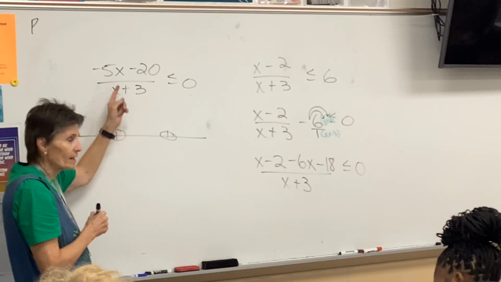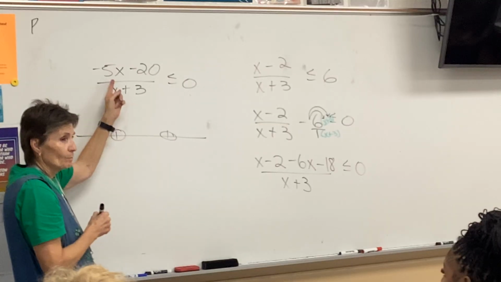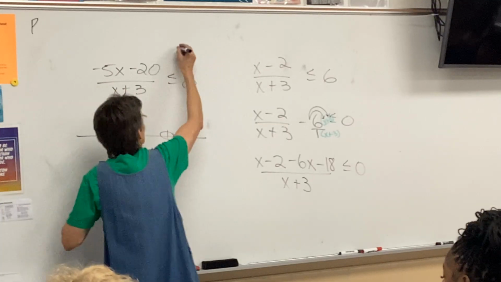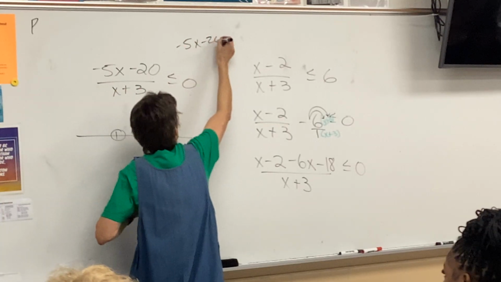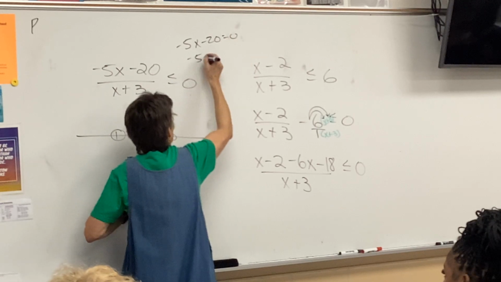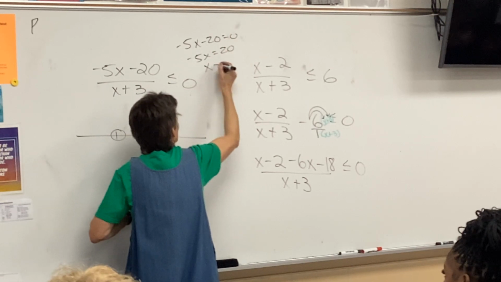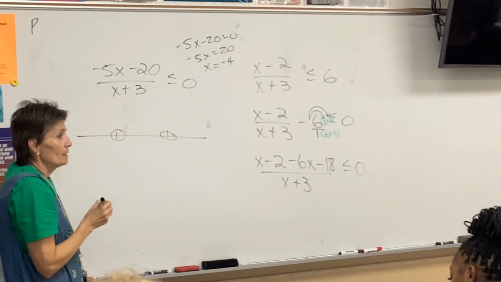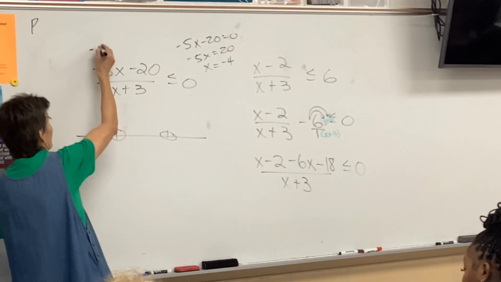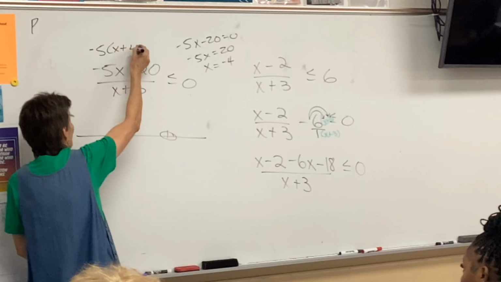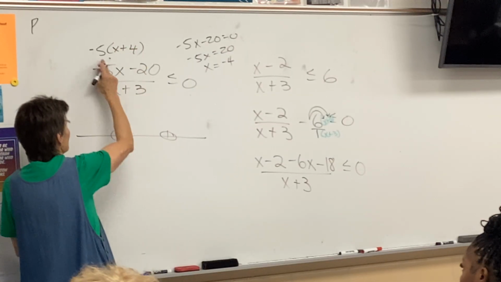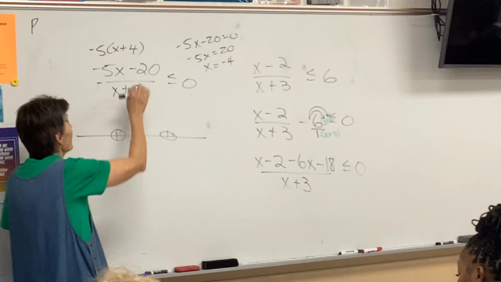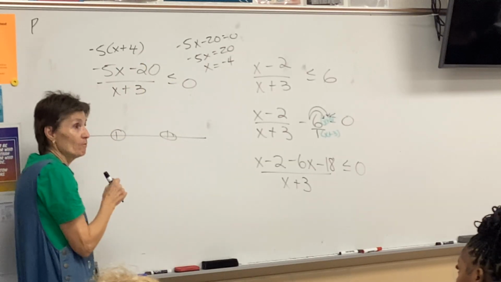If you can't, like this one I can eyeball, take out, I am going to set it equal to 0 and solve it. So I get negative 4. Now Gabby said I could also factor out a negative 5. And wouldn't that give me the same negative 4?